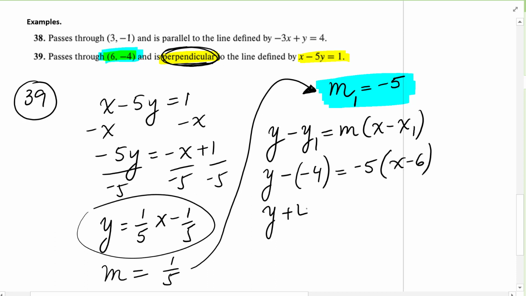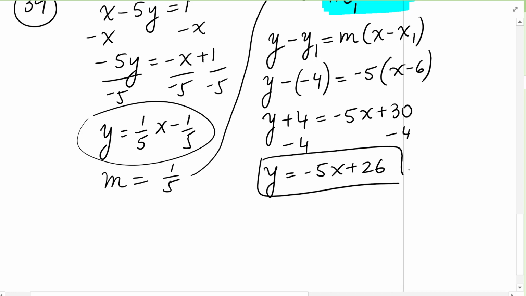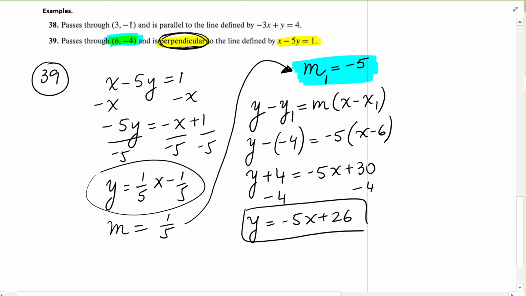So y plus 4 equals -5x plus 30. We subtract 4 from both sides and we get y equals -5x plus 26. This is the equation of the line that is passing through 6, -4, and is perpendicular to this line. I hope this helps.